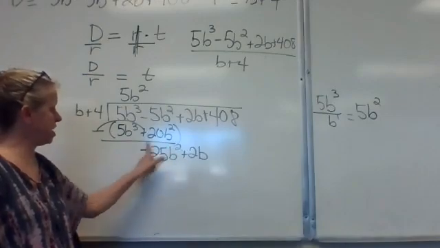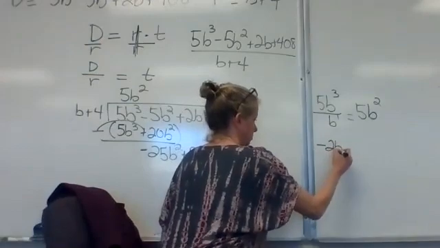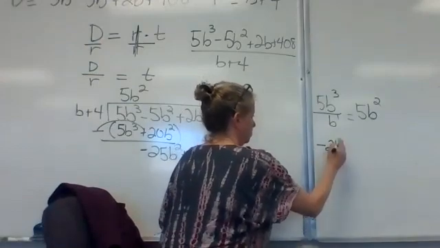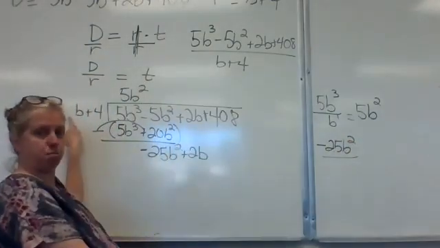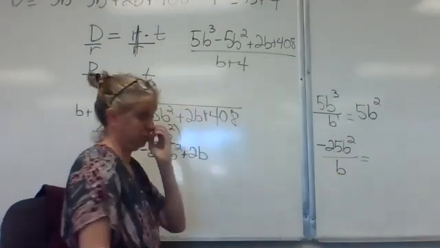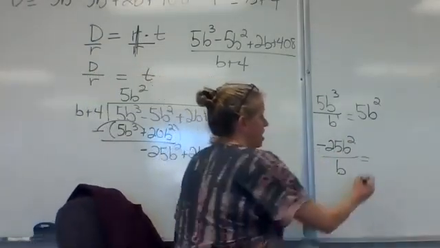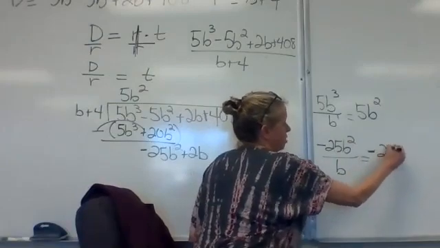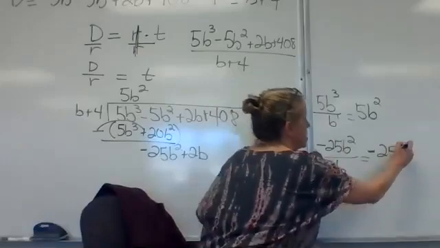Whatever your first term is here, so negative 25b squared, put it over your first term, which again is b. So let's see. I don't have anything to divide the negative 25 by, so I'll have negative 25. b squared over b is b.